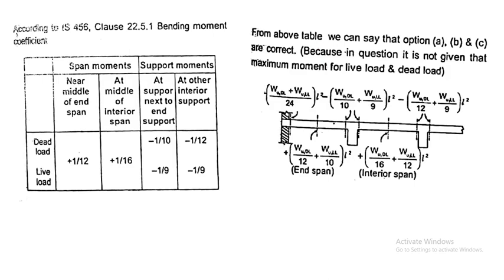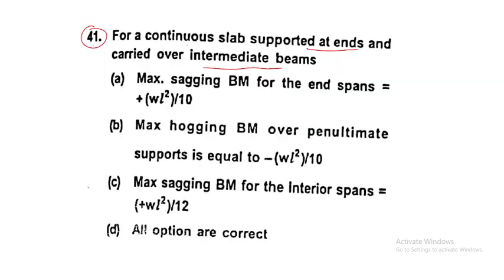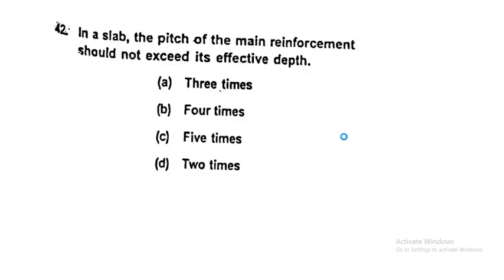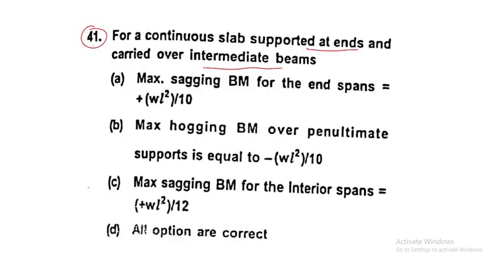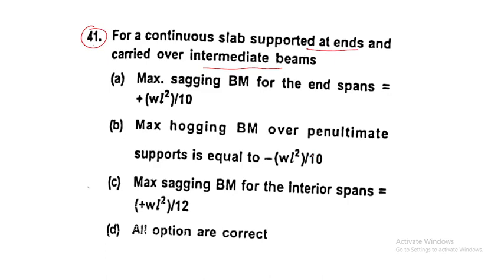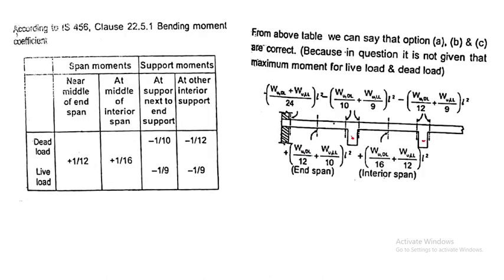This is the condition they have given: a continuous slab supported at the ends, this support and this support, carried over intermediate beams. I have given some ticks, you can see these are the intermediate beams. Now what they are asking is the maximum sagging bending moment for the end spans.